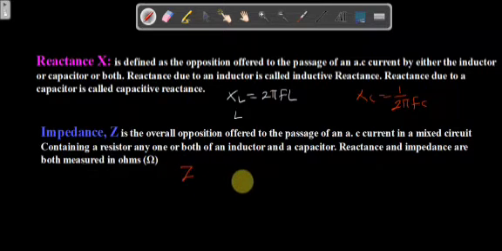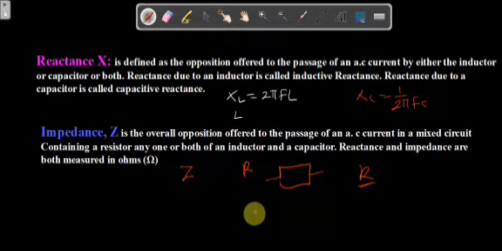The impedance Z of a purely resistive circuit, a circuit that contains a resistor only, will be equal to R, the resistance. If it contains an inductor only, then the impedance will be equal to the inductive reactance.